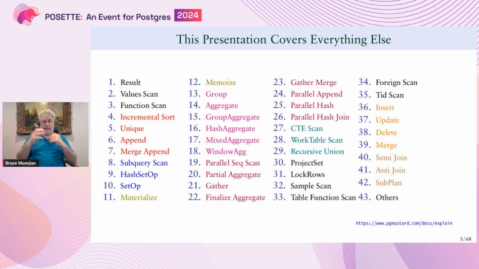One of the great things about SQL and relational databases, frankly, is the ability to take a query that's normally written in an English-style language and convert it to something that is optimized and executes very quickly. And we're going to go through, again, 43 examples of this. As you can see at the bottom right, we do have 68 slides, so I'm not going to be able to go into a huge amount of detail on anything, but I will give you a general idea of what it does and why this thing is so cool, at least to me.